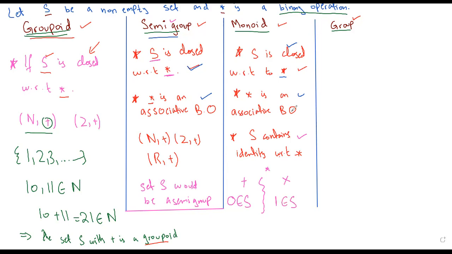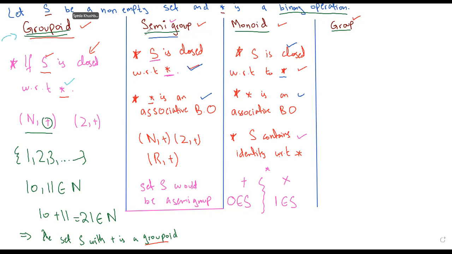Again, we're talking about a set S, and we need to see if set S is a groupoid, semi-group, monoid, or group. For that we have different definitions. Any set that is closed with respect to the binary operation would be a groupoid.